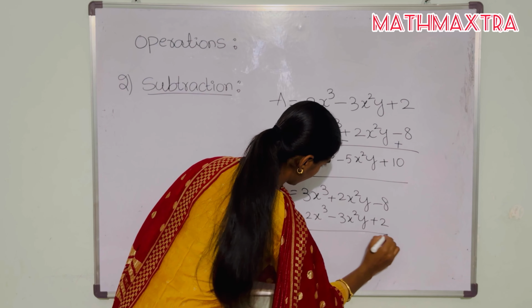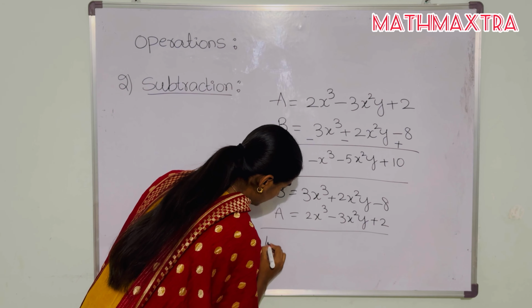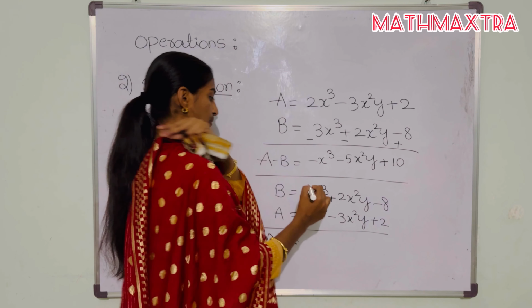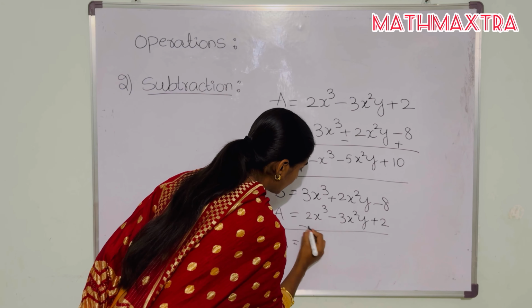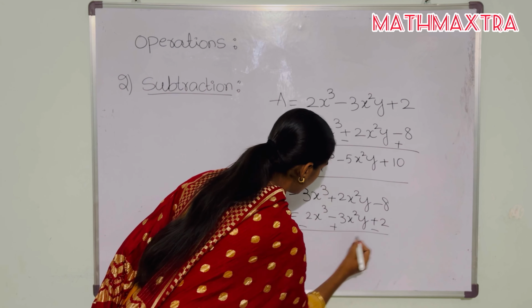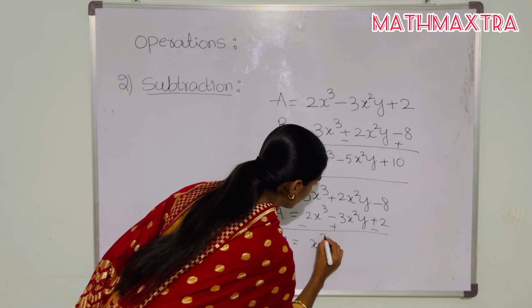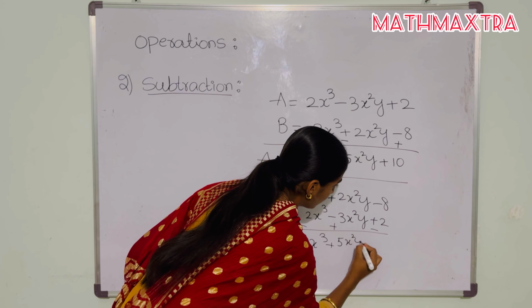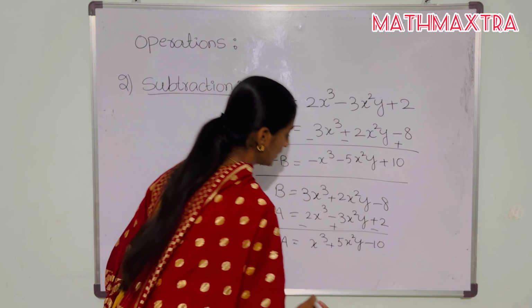Now you find b minus a, changing the signs: minus, plus, minus. So it is x cube plus 5x square y minus 10.